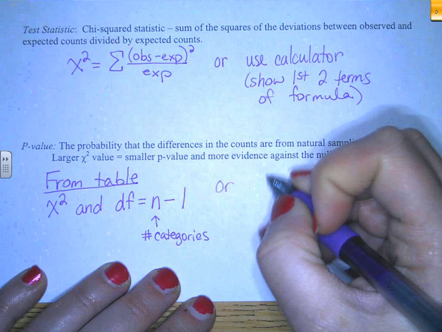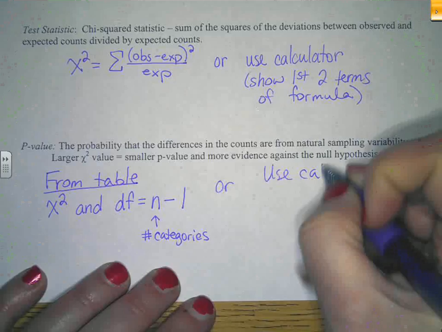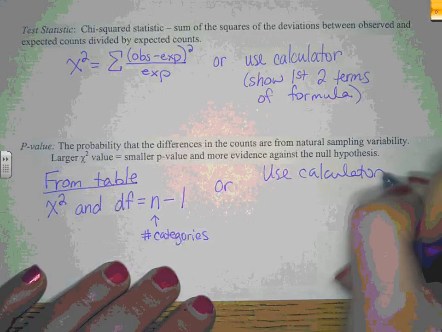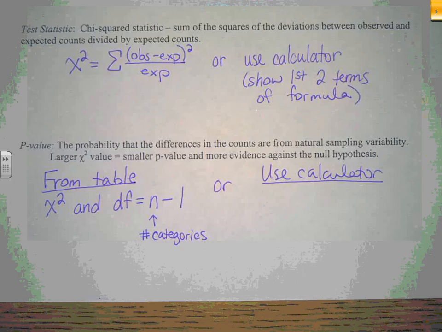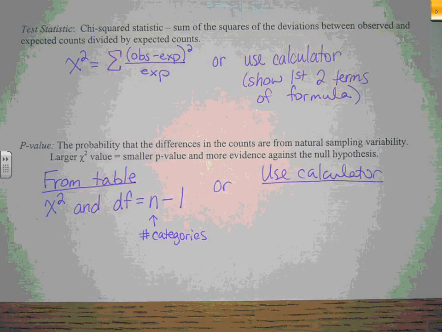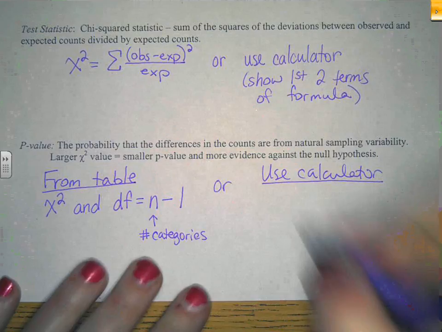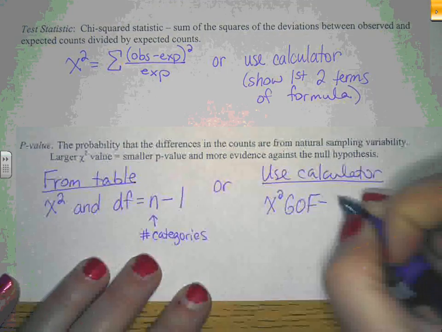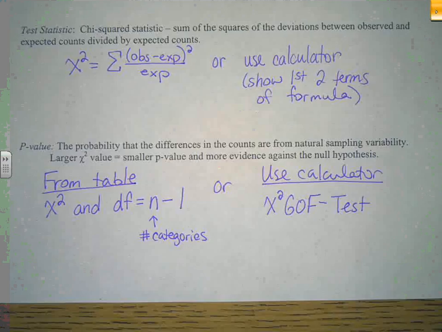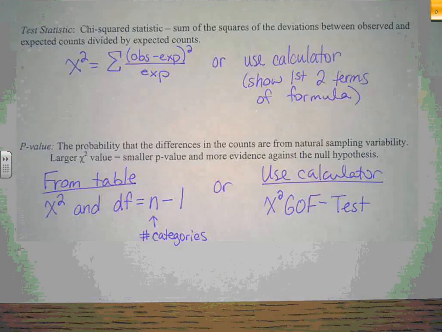So the second method is to use the calculator. It's called the chi-squared GOF, goodness of fit test.